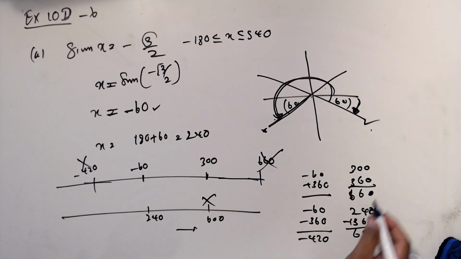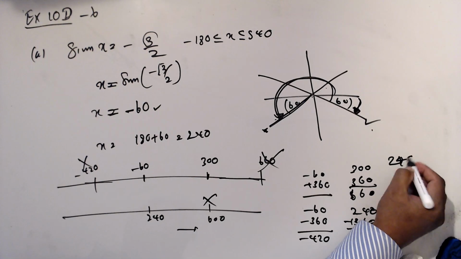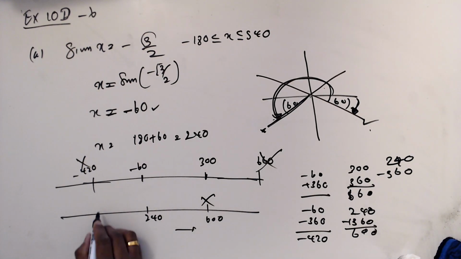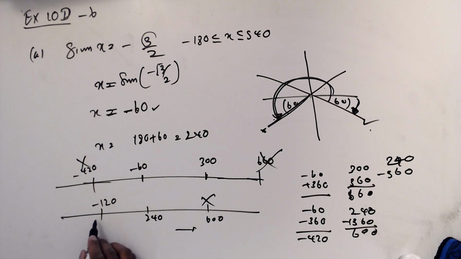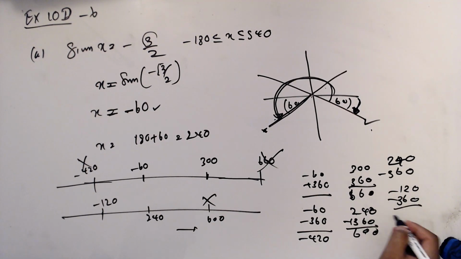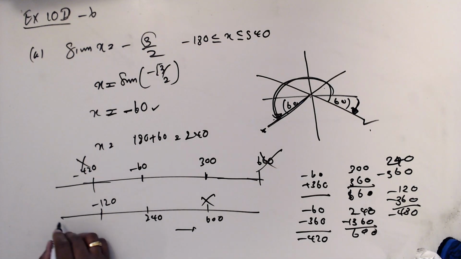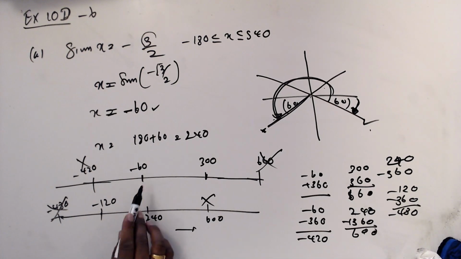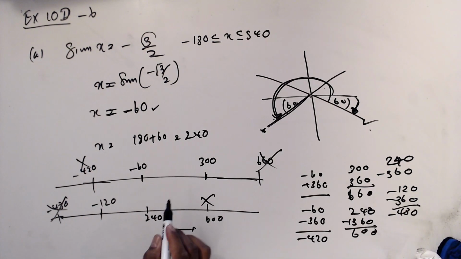So then 240, take out 360. So that is minus 120. And minus 120, take another 360 out. Minus 480. So minus 480 is out of range. So we only have 4 answers.